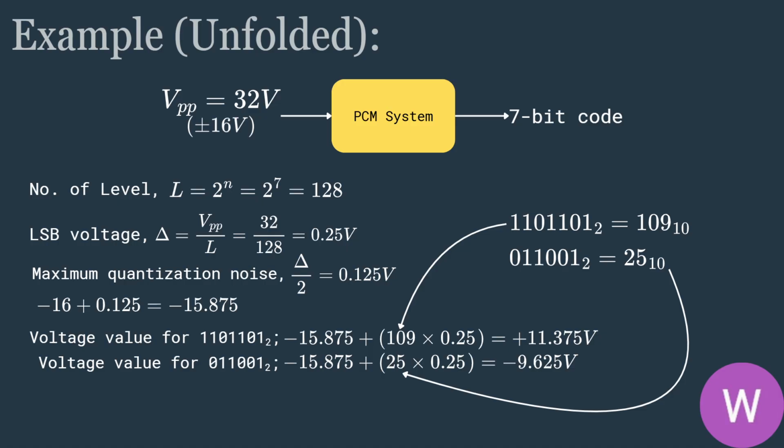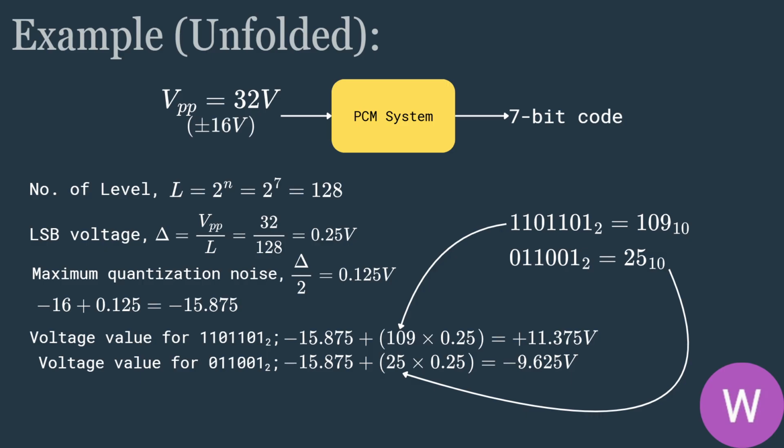After we find the quantization level, we can find the quantization interval. The quantization interval is Vmax minus Vmin over L, and Vmax minus Vmin is the peak-to-peak voltage, so it's 32 over 128.